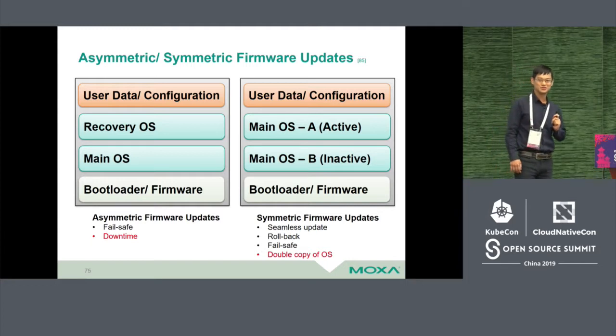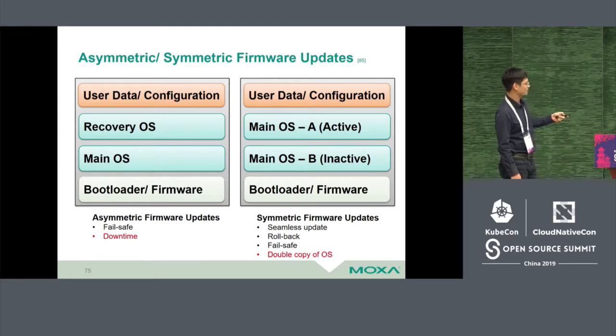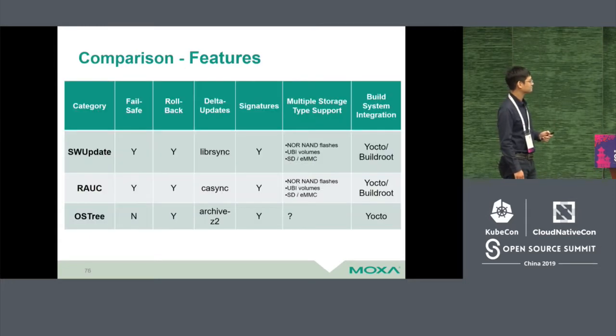So you can choose your design based on your application. Typically, in very low-end devices, we will use this design. But in some high-end applications or devices, we will use a symmetric design. It depends on your storage and your mechanism.